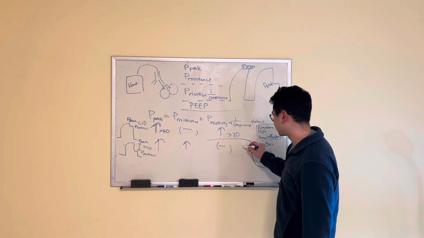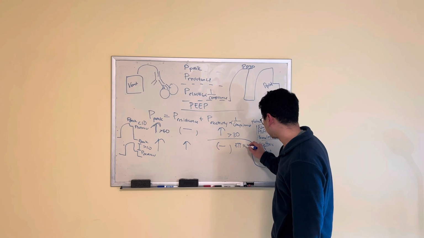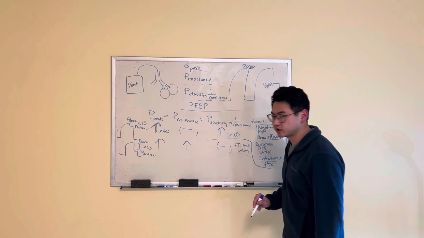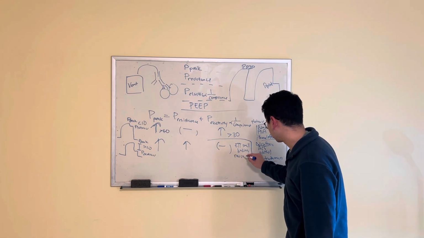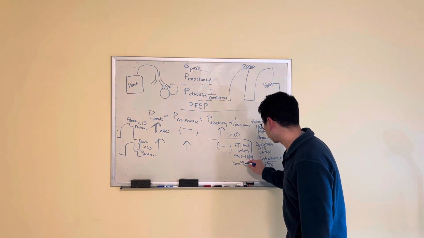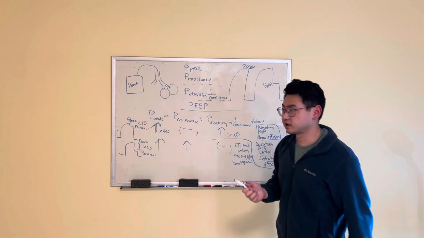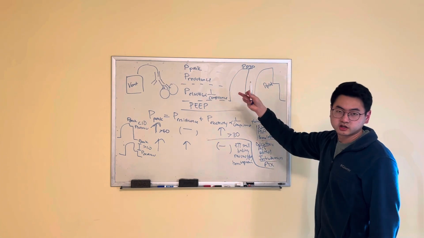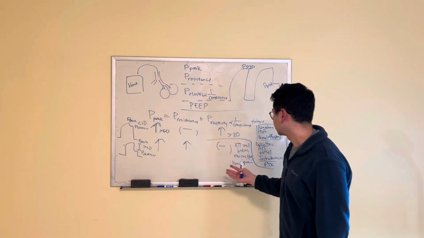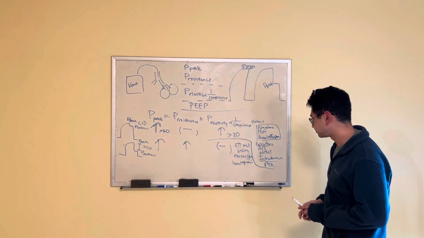Resistance problems are going to come from small ETT tube size, kinking in the tube, mucus plug, and bronchospasm. So if you have COPD or asthma, the patient could have hyperreactivity of the airways, causing it to momentarily increase the resistance pressures, leading to you seeing an increase in the peak pressure.